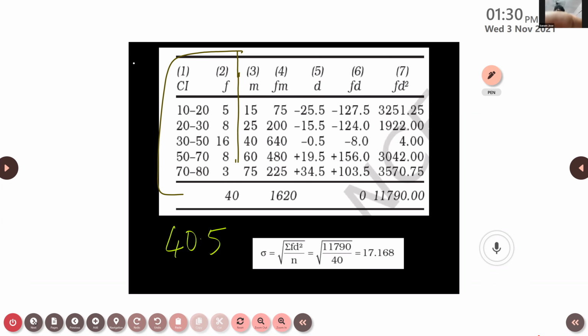M minus X bar. Yes, M minus X bar. What is M here? Middle value. Minus X bar. What is X bar? 40.5. Okay. Now, when you solve this, M, you know that 15 minus 40.5, you got this answer. 25 minus 40.5, you got this answer. Like that, you will have to find.